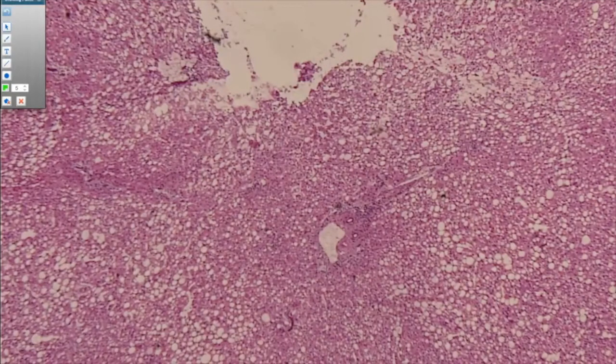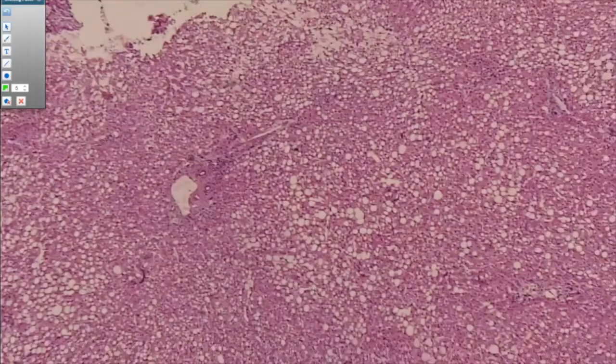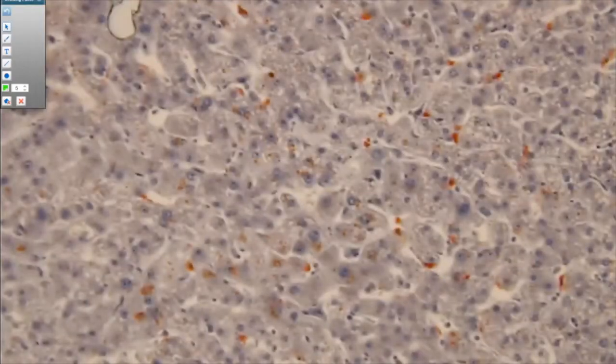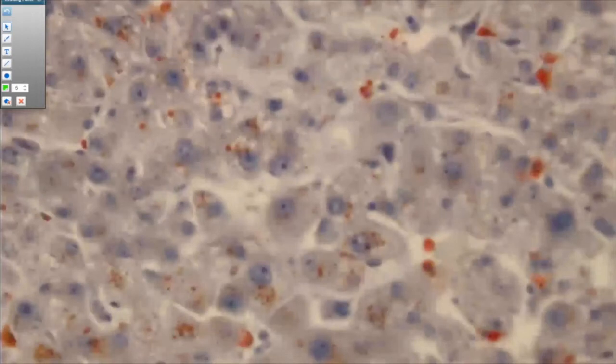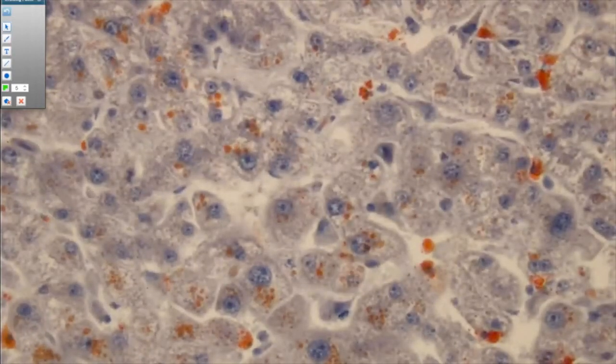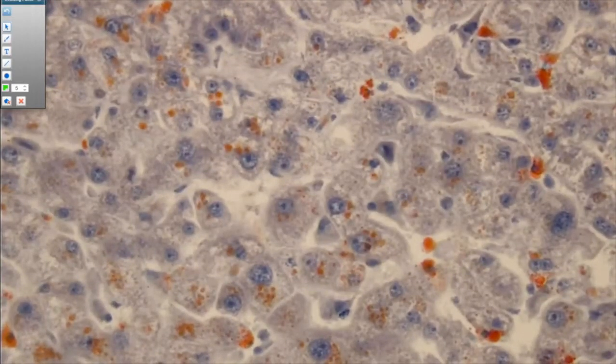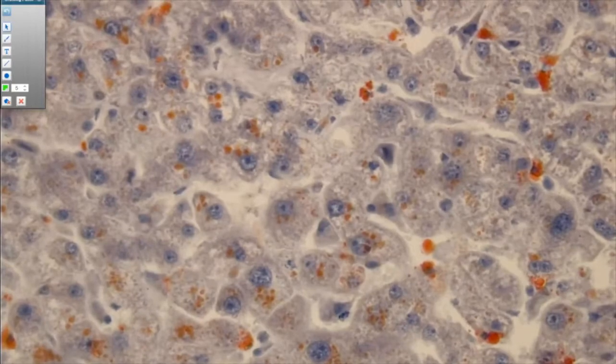Fibrosis up to mild can be used. Oil Red O could be used for evaluation of steatosis, but you need frozen tissue. This is Oil Red O stain, which stains fat droplets red, but it's not commonly used in this country.